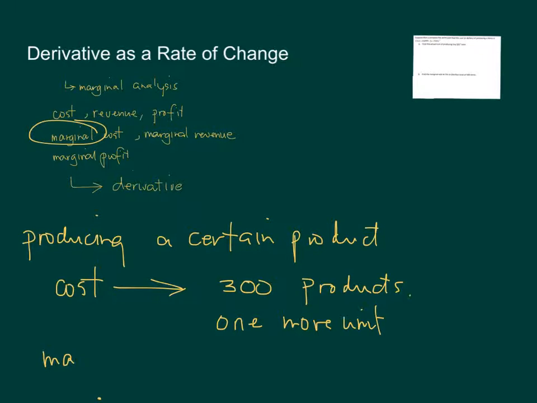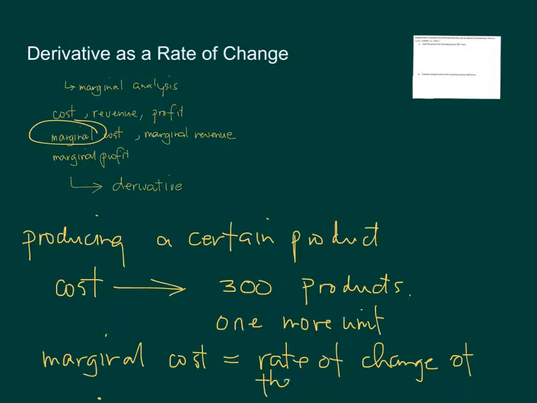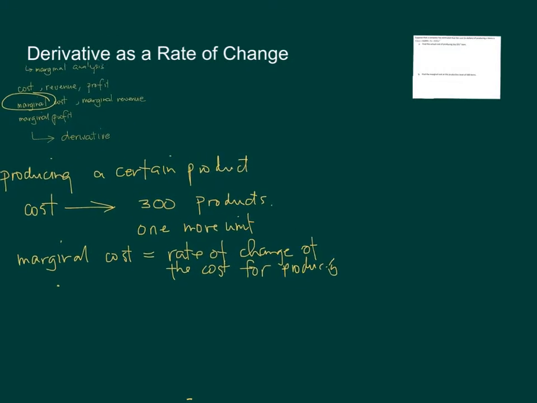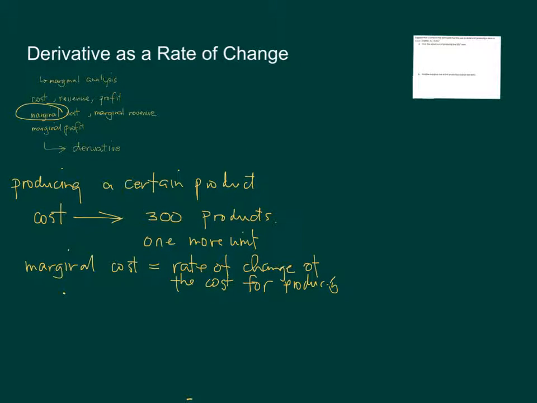So marginal cost simply means, let's take cost for example, the marginal cost is simply the rate of change of the cost for producing one more unit.